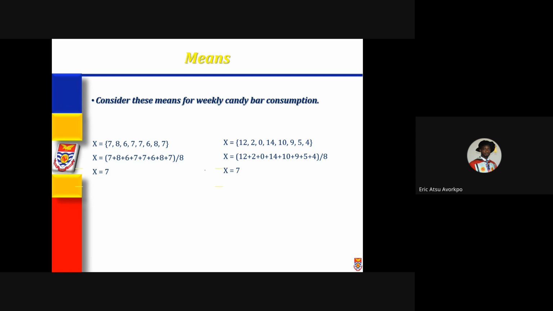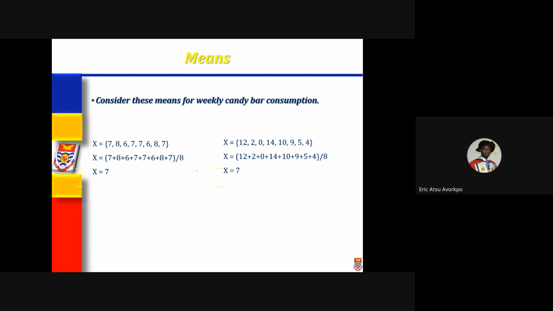Now, if I go to the second example and I pick 7, that is the average. But somebody is almost 0 years old, which means that the person is just a day old or newly born, and somebody is around 14 years old. Then if I randomly pick any of these people, you can see that it's not the same.